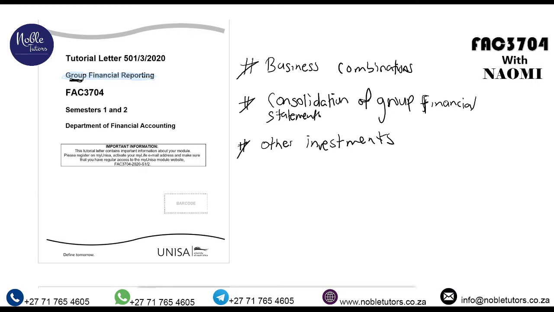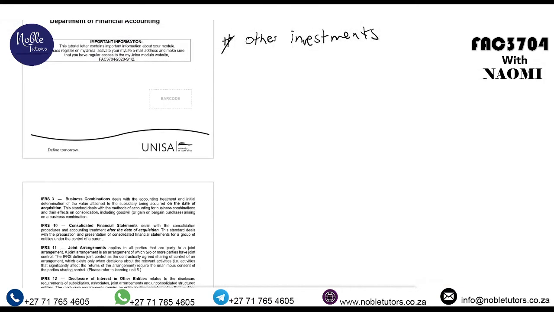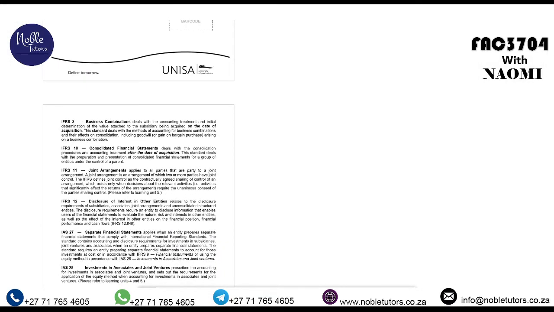All right, so let's go right away into it. Business combination. So what do I mean by business combination? Before I even go there, when you're looking at your standards, these are basically where you can find these particular topics that I want to talk about. As you can see, business combination can be found in AFRES 3.